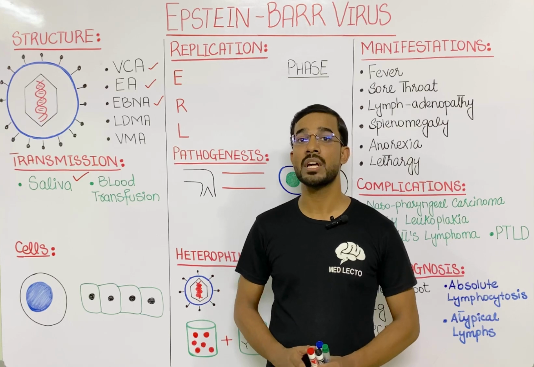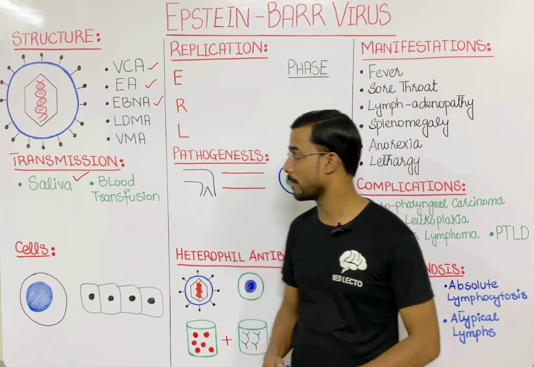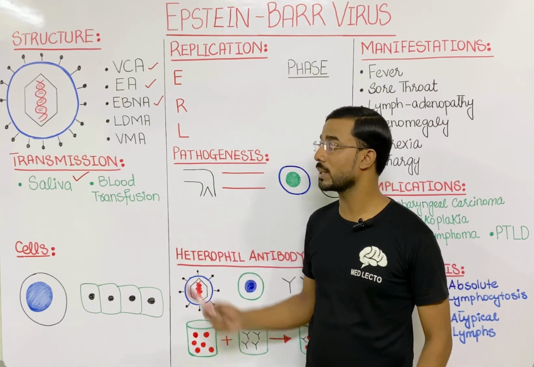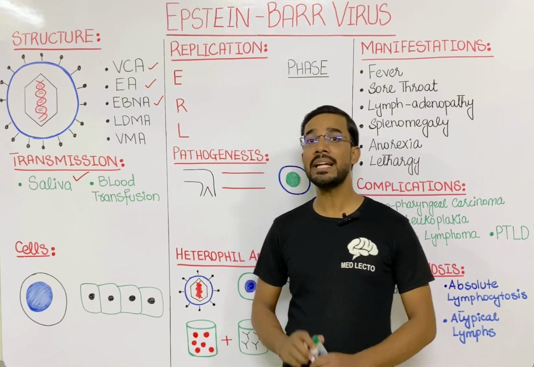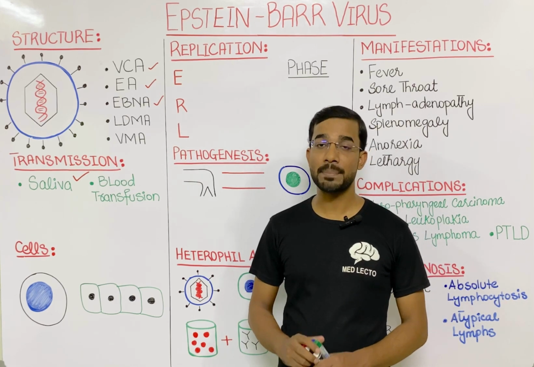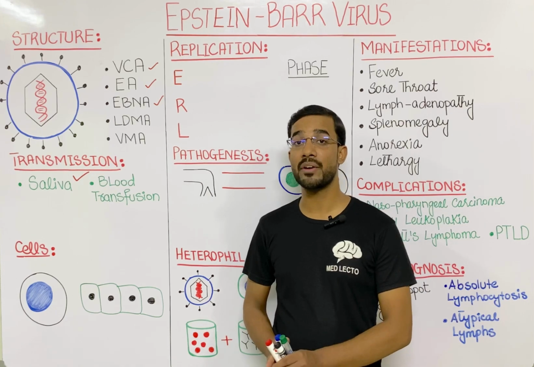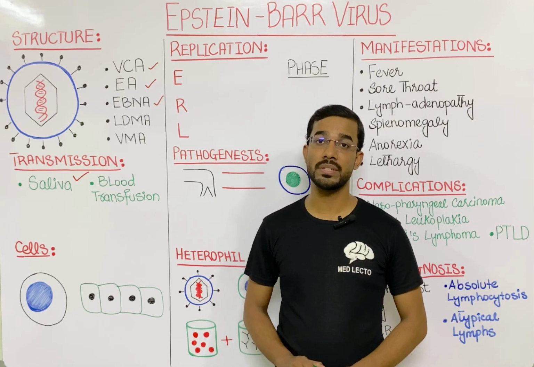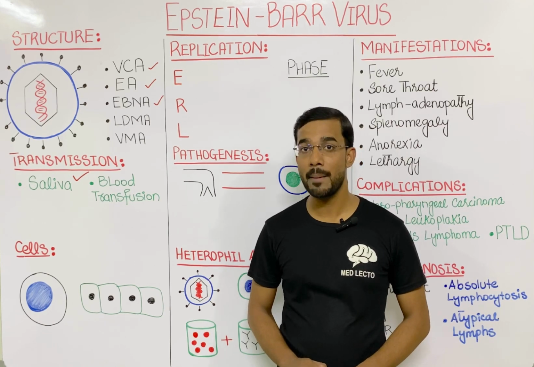It can also be transmitted through blood transfusion, but that is a rare case. In early life, the infection is asymptomatic, but in later life, in college life, the symptoms of the Epstein-Barr virus become prominent.